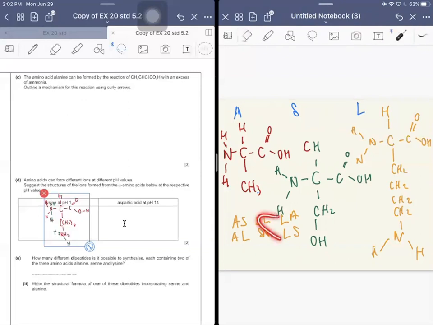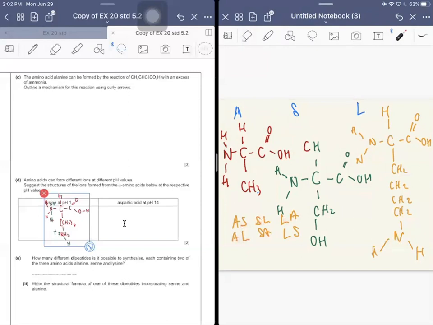Well, nope, because, okay, let's take AS and SA for an example. For the first option, AS, I use the acid of my A and the amine of my S. SA means I use the acid of my S and the amine of my A, which is alanine. Okay, so AS and SA is not the same, AL and LA is not the same, so is SL and LS.